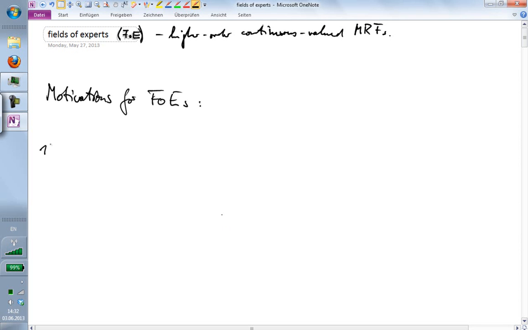When talking about continuous valued MRFs, we spent all of last week talking about Gaussian conditional random fields. However, these are limited in important ways. You can say that these models have limited expressivity.